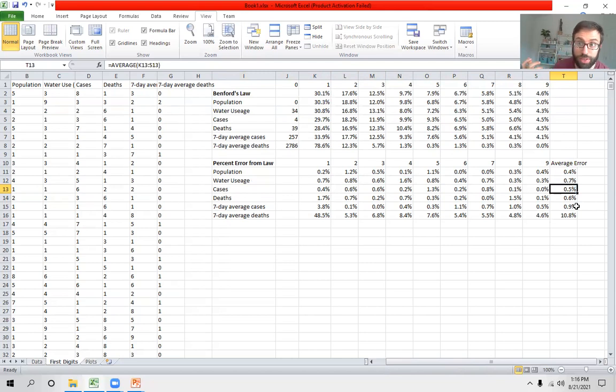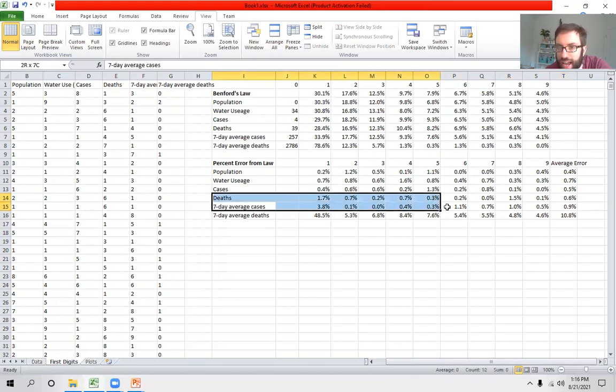Now, there could be problems with the data that aren't caught by this high-level analysis, and I'm sure there are, but you can't say that Benford's Law points to any red flags, okay? Same thing with deaths. We're at 0.6% average error. That's between 0.4 and 0.7%. Now, I wanted to show you some cases where it could break down, right? Look at the 7-day average cases.